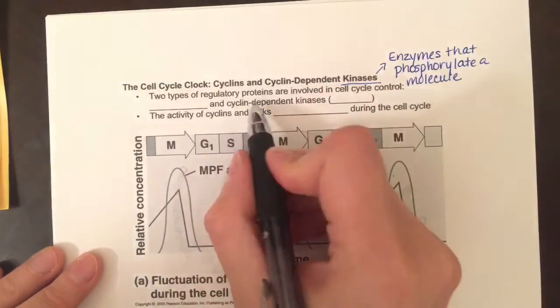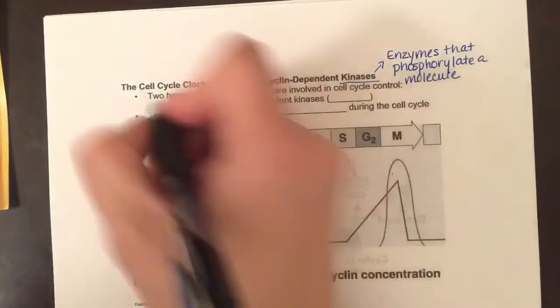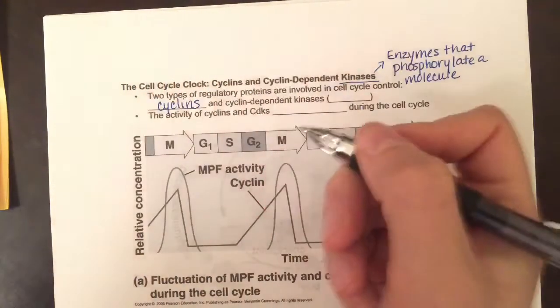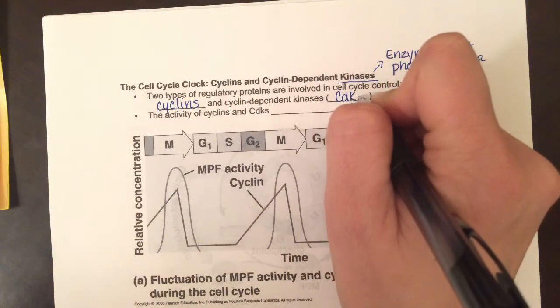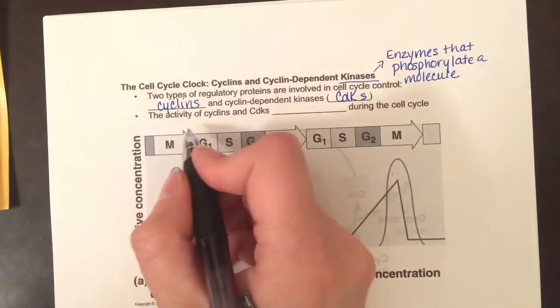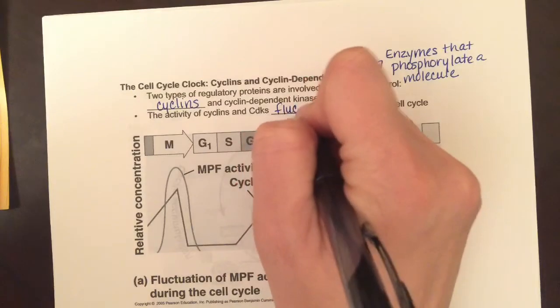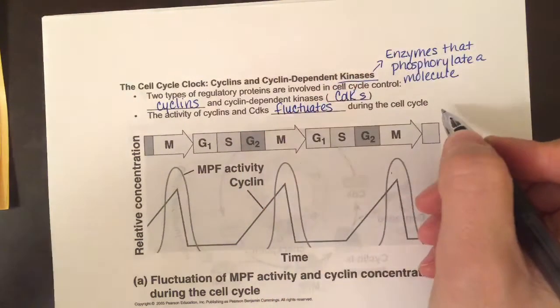So two types of regulatory proteins are involved in cell cycle control. We have cyclins and the cyclin-dependent kinases. We're going to call those from here on out CDKs. The activity of cyclins and CDKs fluctuates during the cell cycle.